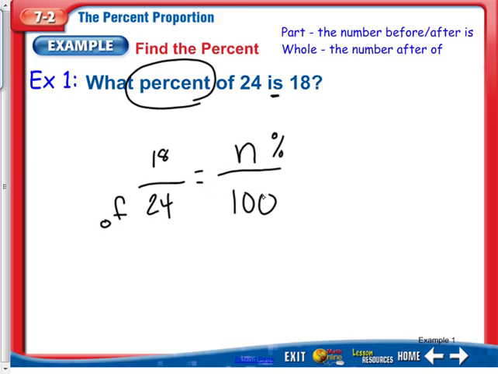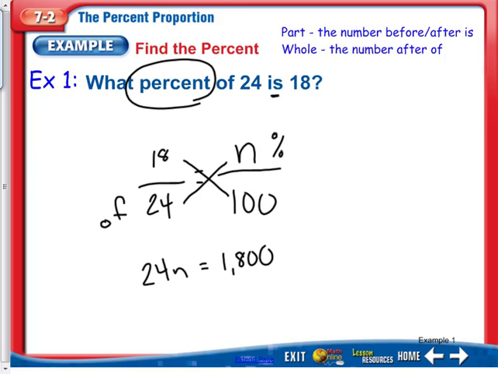Okay, now the nice thing about a proportion is it's pretty easy to solve these using a method called cross multiply and divide. So we cross multiply, so 24 times n is 24n, and then we cross multiply again, and we say equals, okay, 18 times 100 is 1,800.